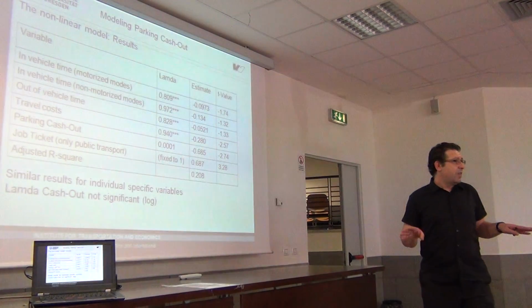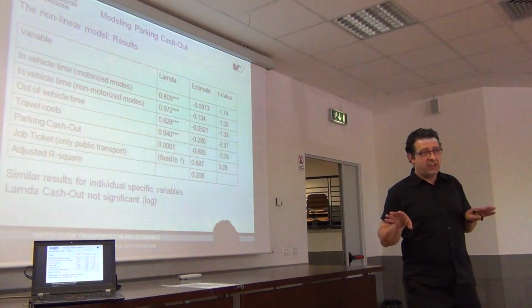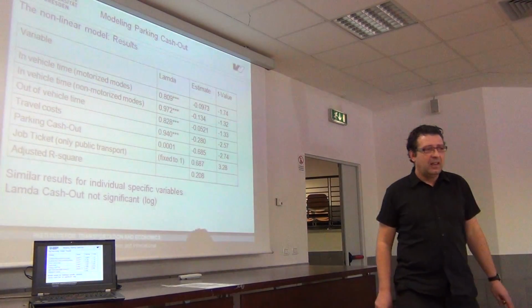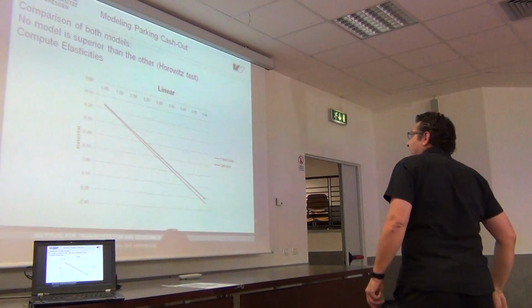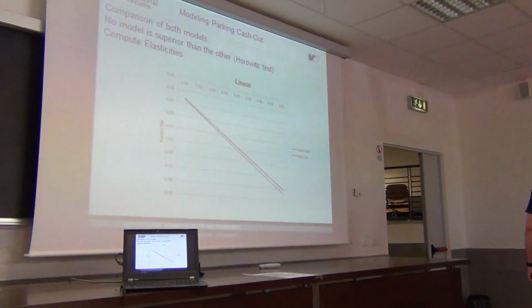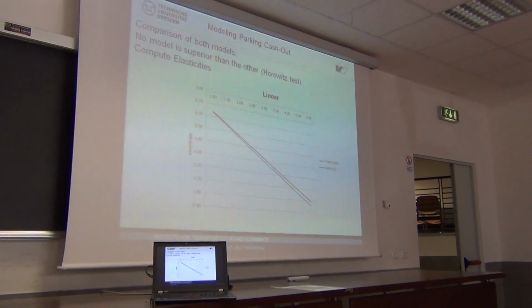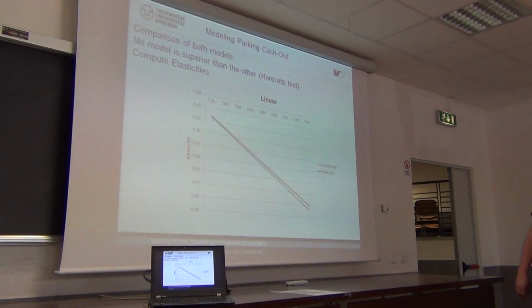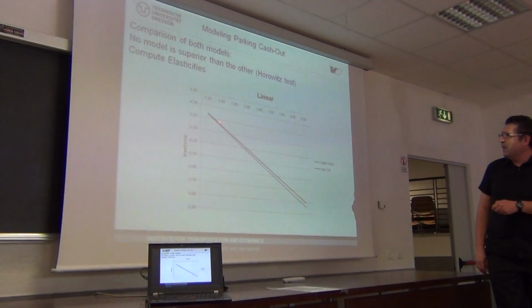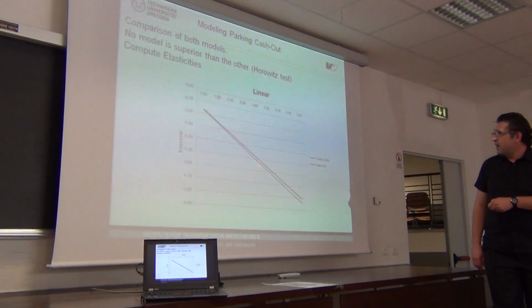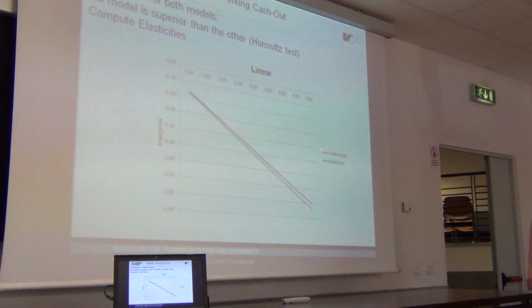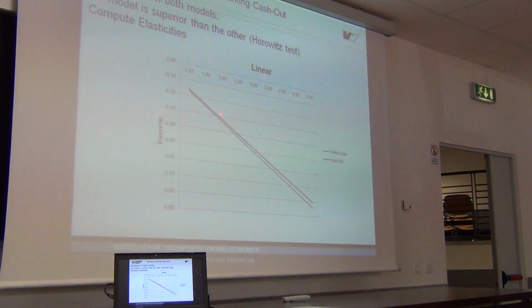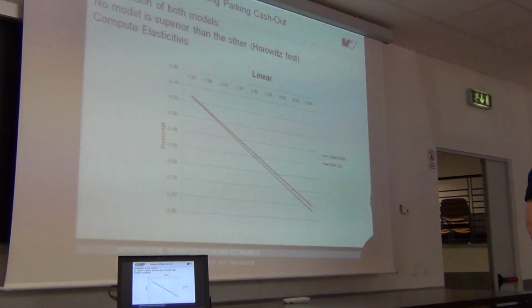So both models are equally good, and we tried to find out whether they're logical, at least. So we computed elasticities. This is for the linear model. We find here that the elasticity of demand for cash out and for the travel costs are very, very similar, very close to each other.